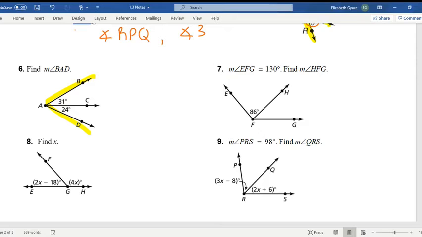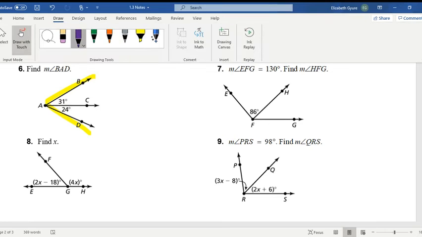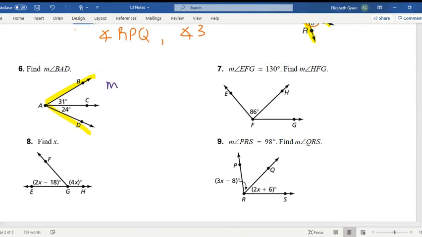Well, this is an angle addition. We have a part and a part. We have to add them up to get the whole. So we're going to do the measure of angle BAD equals 31 plus 24. Add those together to get 55 degrees.